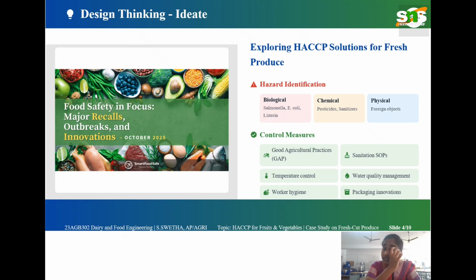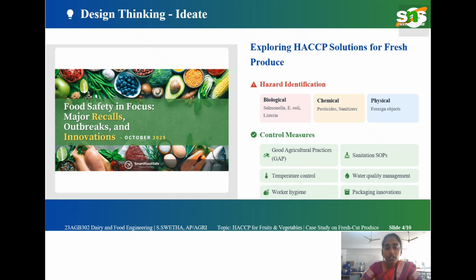So ideate. I'm going to do this ideate using HACCP itself. As we all know, there are 3 types of hazard identification: biological, chemical, and physical. In biological, it comes down to Salmonella, E. coli, and Listeria. In chemical, there are pesticides and chemicals sprayed inside the food industries, and physical hazards like foreign objects, hair, bone, and any metal products.